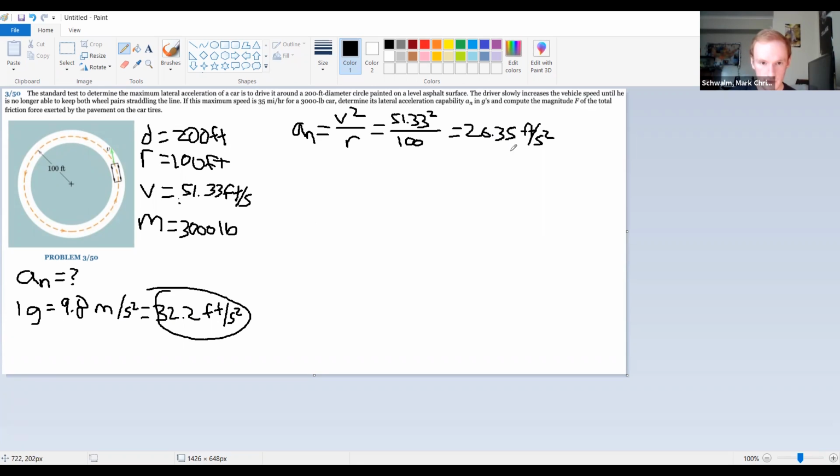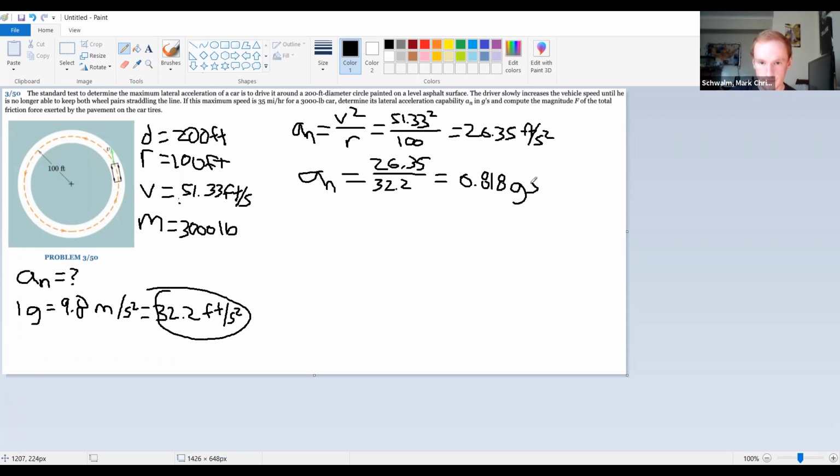So then the units will cancel out, and G's is not unitless, but it is in a sense. So then we have A sub n equals 26.35 divided by 32.2. Those are both feet per second squared, so those will both cancel. That gives 0.818 G's.